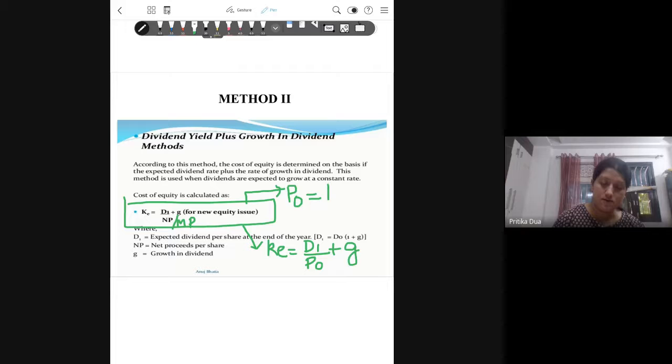This is the constant growth model, where you calculate the price of the share, or the cost of equity of the share, when there is a constant growth in the stream of dividends.